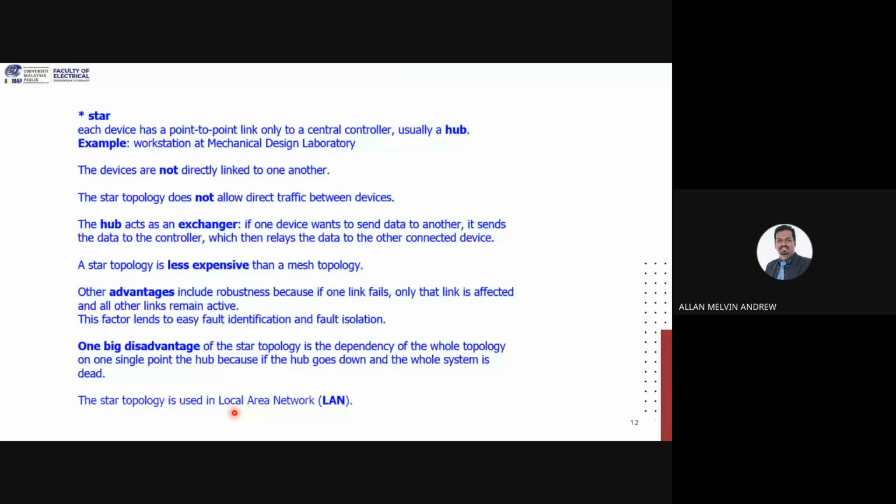All our PCs, laptops, and phones are connected to the local area network. After that, it may be another type of network, which is on the management level.